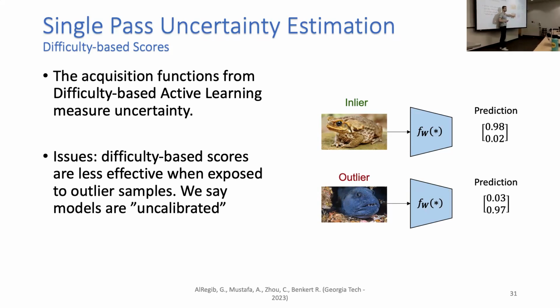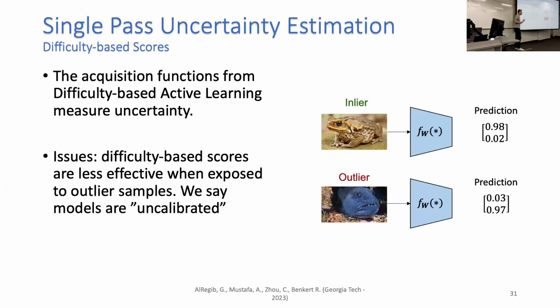Now, if we give it a fish, which has nothing to do with a frog or a toad, what can happen in neural networks is they give you a confident prediction of 0.97 that it's a frog, right? Even though it should ideally give you 0.5 and 0.5, which is what you would want to go for, this is not what happens in neural networks, and it gives us a lot of trouble in their predictions.